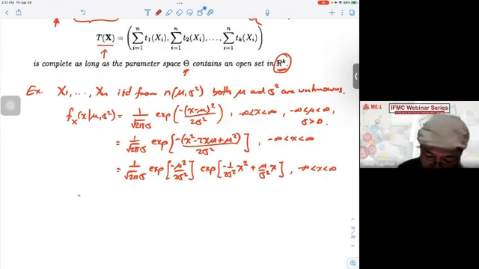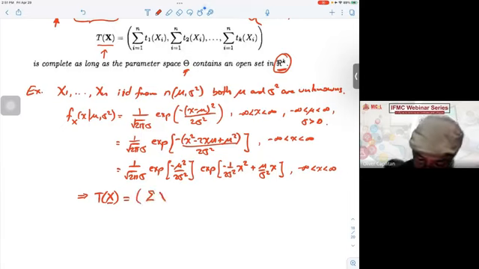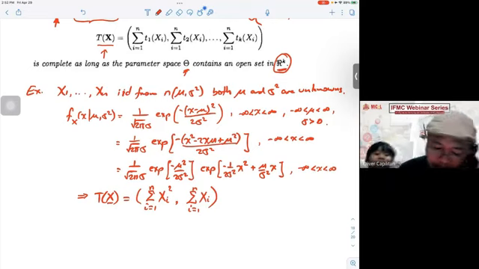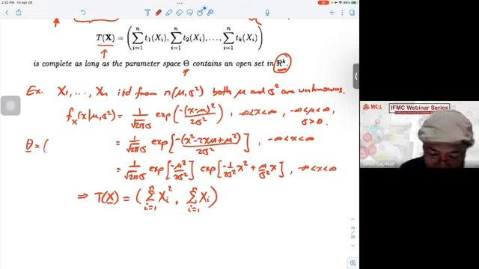Actually, ang implication nito ngayon, yung T of x natin, the statistic, which is a vector of statistics. So in this case, we have here the summation of x sub i square, i from 1 up to n, and then we have here the summation of x sub i, i from 1 up to n. So we have a vector of two statistics. Actually, yung parameter theta natin is a vector of two parameters, mu and sigma square.